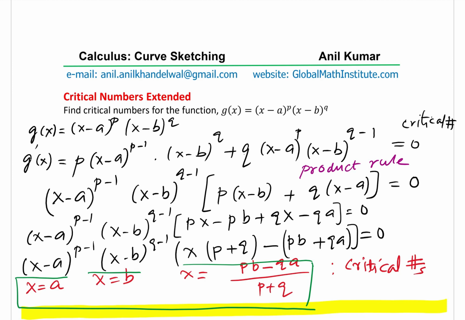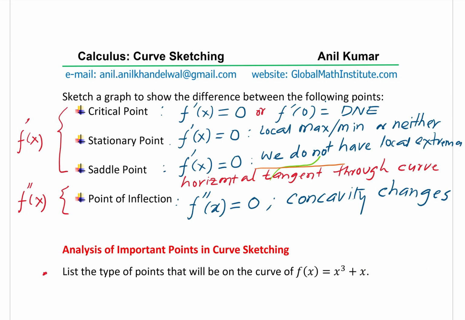So with that, we come to an end of a very important concept where we have learned what is a critical number, what is a stationary point, what is a saddle point, and what is a point of inflection. And clearly, we could differentiate between these things, since the important thing for a critical number is that the derivative could also have the condition of does not exist.